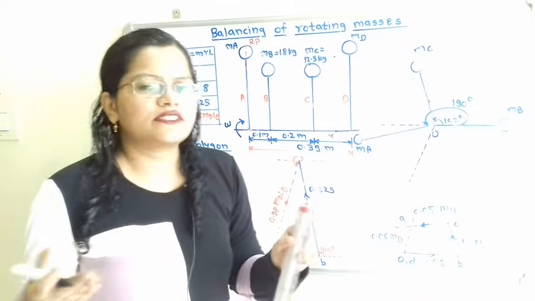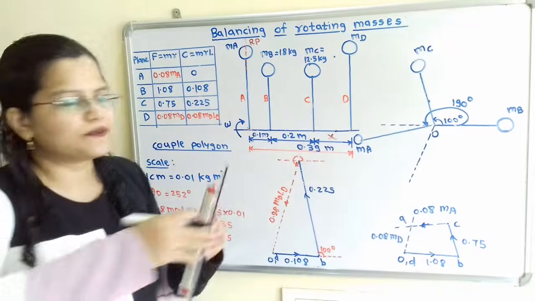So here what is the eccentricity? That is 0.08 meter. So as per the scale we can take here 8 centimeter distance and we will show here MD, and we will show also angle, that is 252 degree.